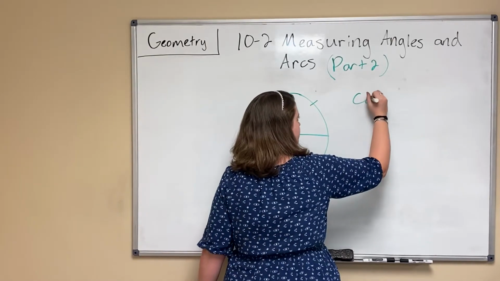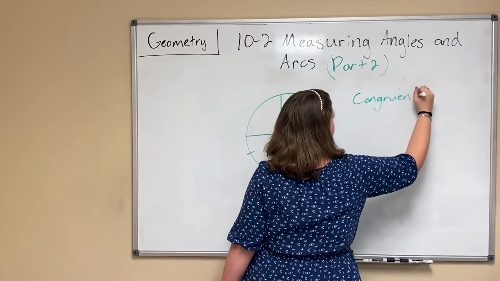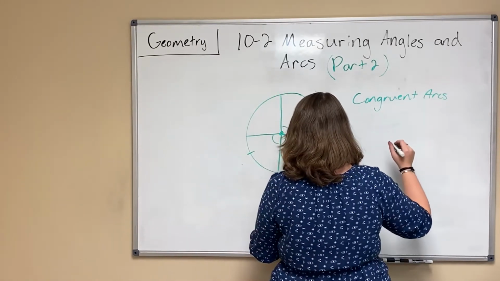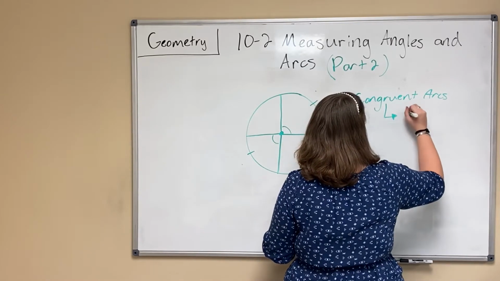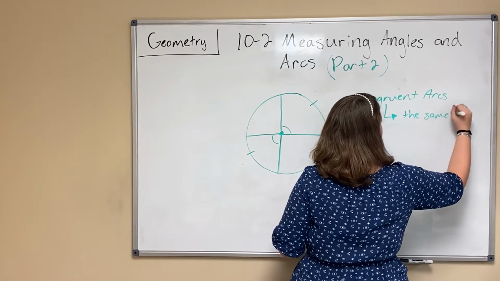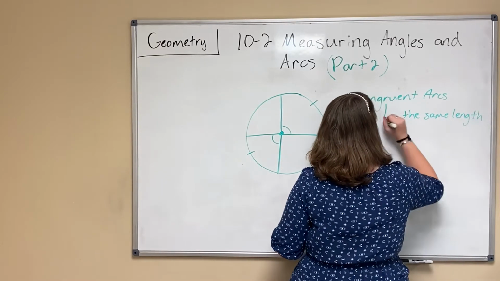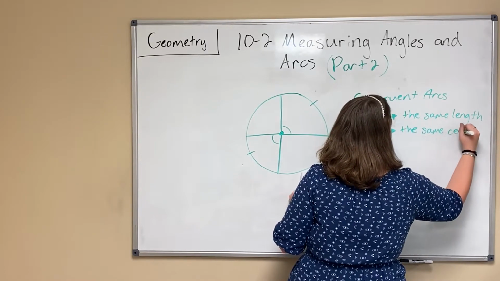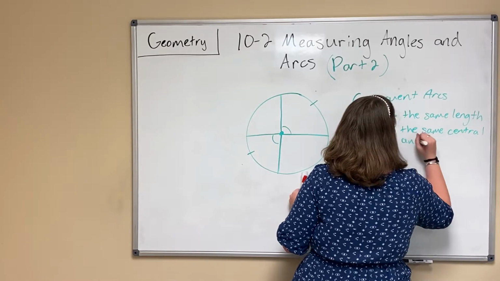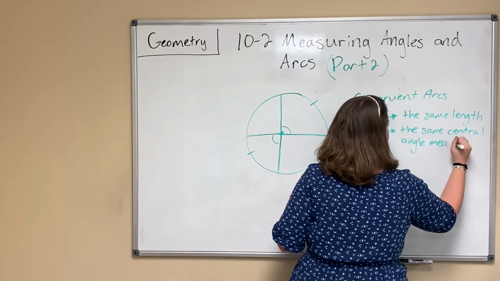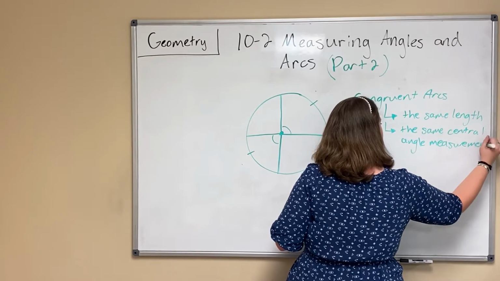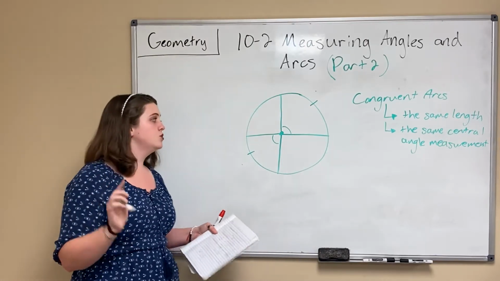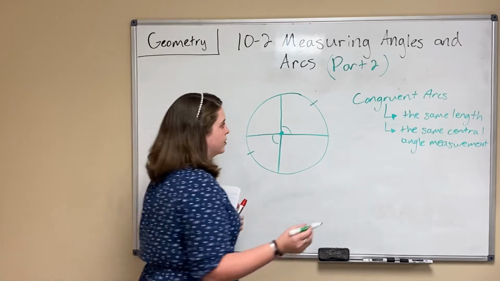Congruent arcs have to have the same angle measurement, they have the same length, and the same central angle measurement. That's congruent arcs.